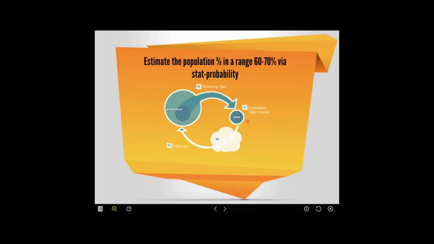With these sample values, they estimate the population values with a certain confidence and say that, well, we are 95% confident that the percentage of people who are in favor of death penalty is somewhere between 60 and 70, which is a range. It's not the exact number because there is no way to find out the exact number, but with certain confidence, you can estimate the population values lying in a specific range of values.